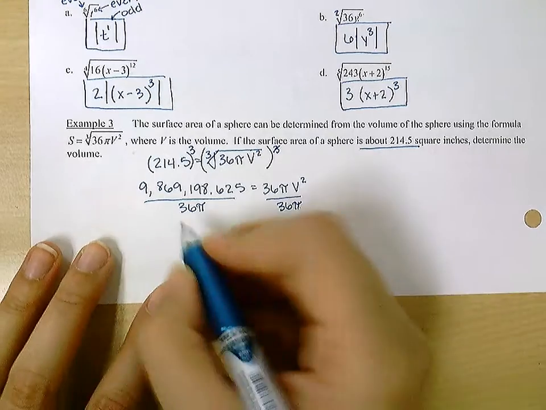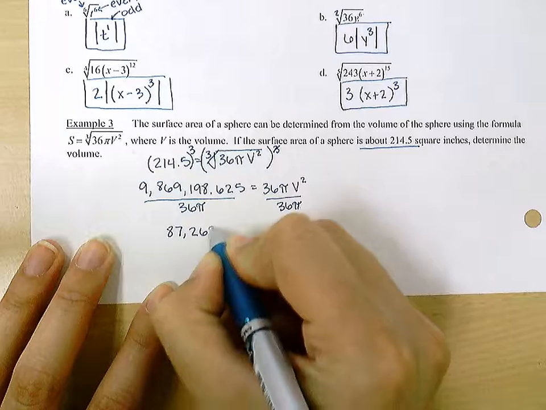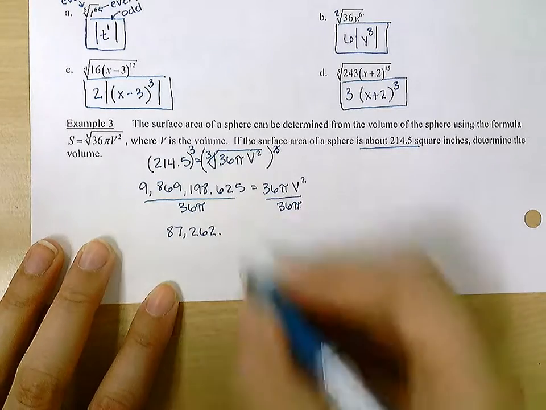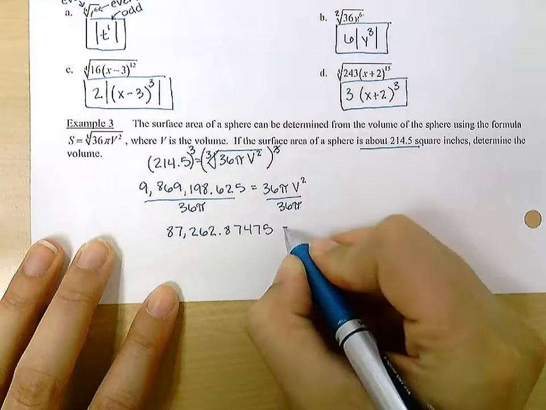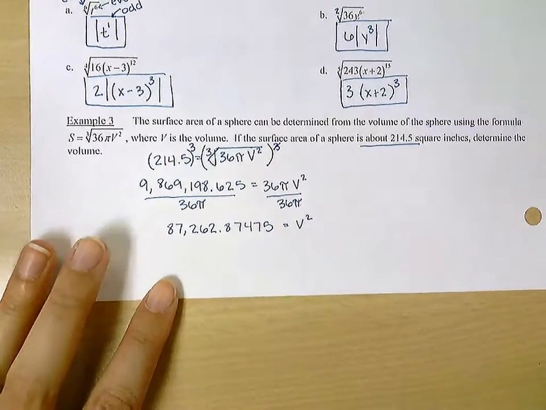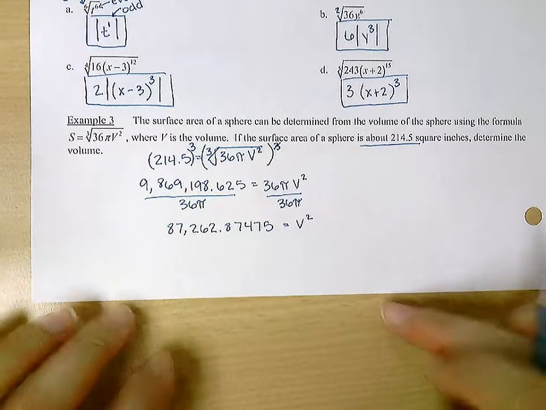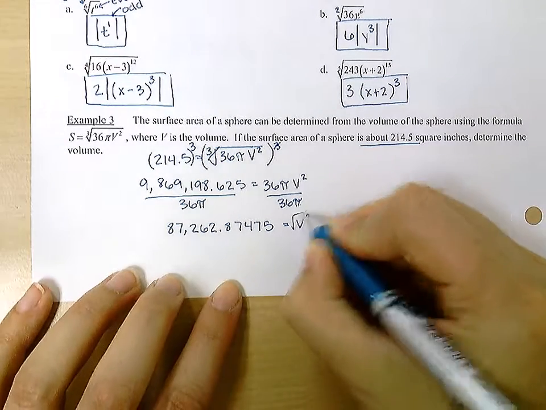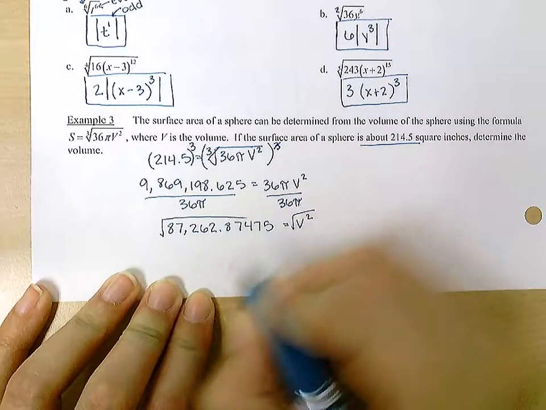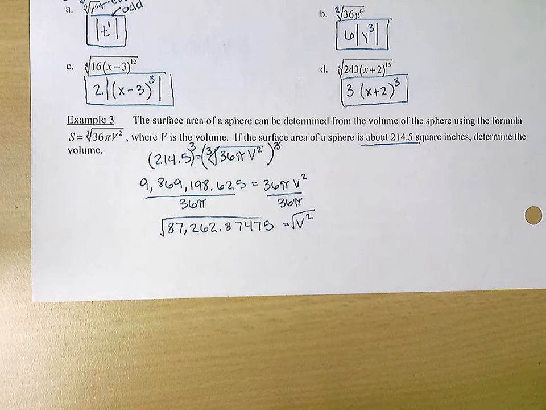For this one, you get 87,262.87475. That's equal to v squared. All right, so now what do I do? You take the square root of both sides. Why was this even a problem? Because you need to know how to solve problems with a cube root.